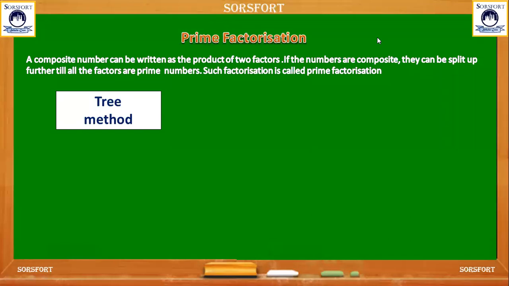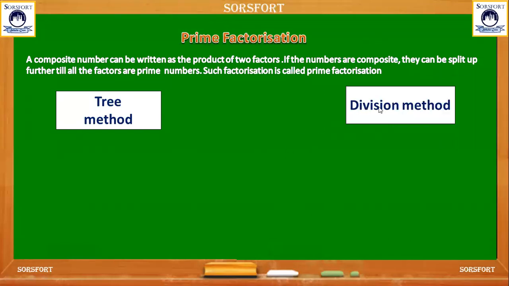Now the next part: another method is the division method. How do we find prime factors by the division method? Let's take the number 46.